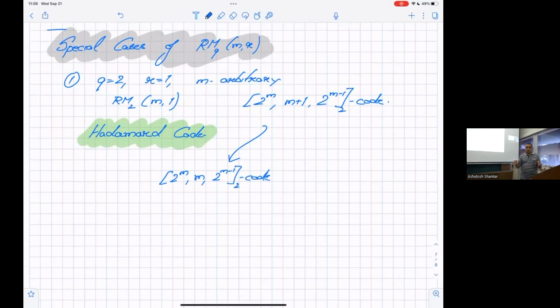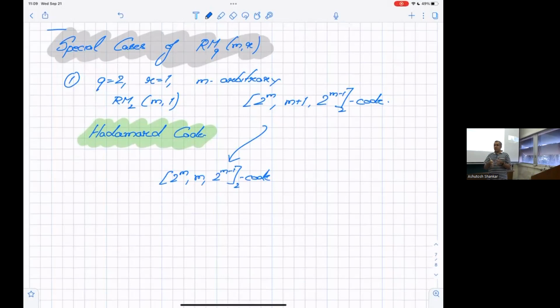Look at this code word. Now this is a 2 power m by 2 power m matrix. If you look at it in the 1 minus 1 world, what's the dot product of any two columns? Any two distinct columns have dot product 0, because of n minus 2d, that is, the distance is exactly half.